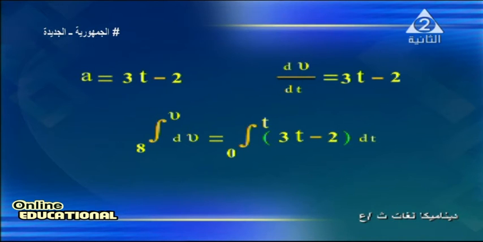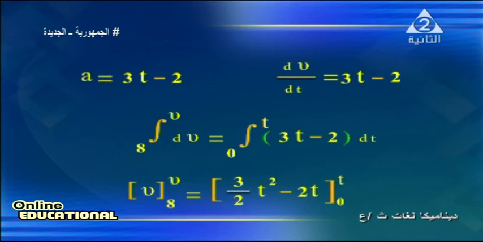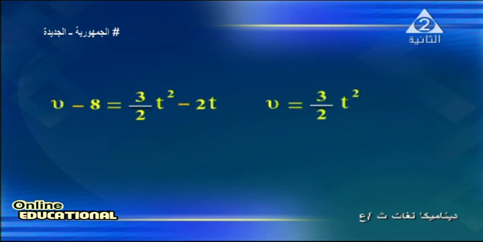Then the integration of dv is v from 8 to v equals the integration of 3t, which is 3 over 2 t power 2, minus the integration of 2, which is 2t, from 0 to t. We can substitute, then v minus 8 equals 3 over 2 t power 2 minus 2t. We can write the velocity v equals 3 over 2 t power 2 minus 2t plus 8.